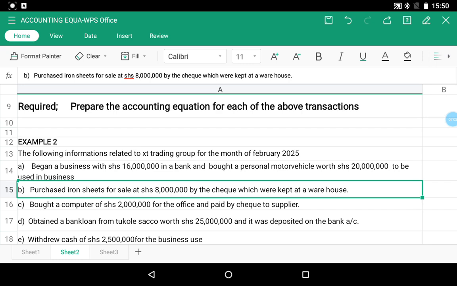It means out of the amount in the bank, he used 8 million to purchase iron sheets. That means the balance of bank is going to reduce by 8 million. Then we shall have inventory as iron sheets.